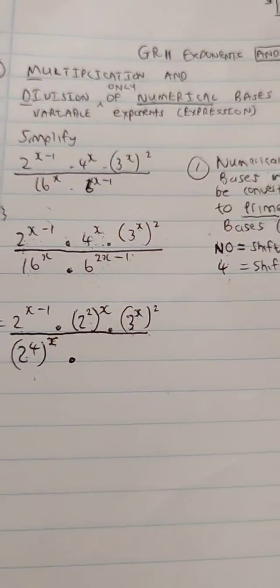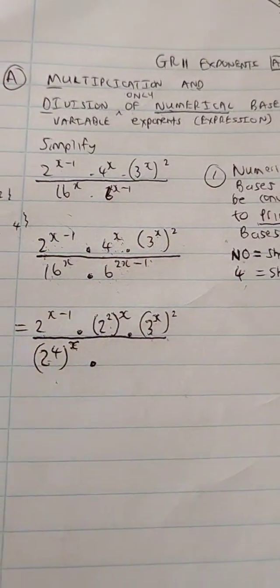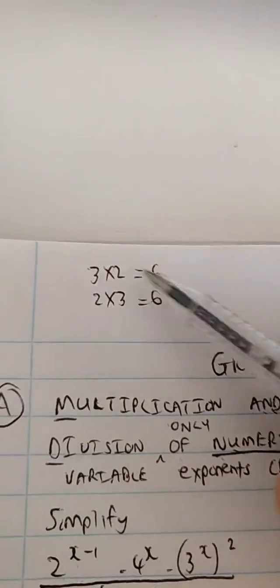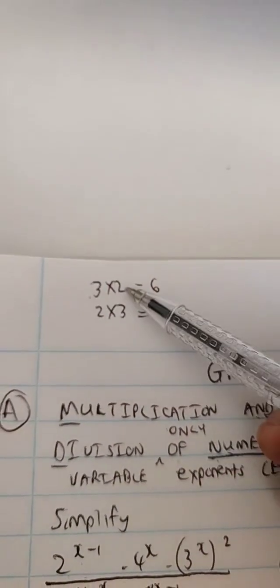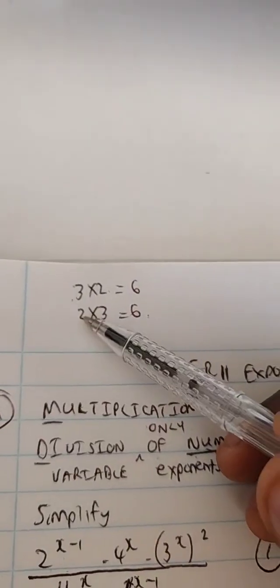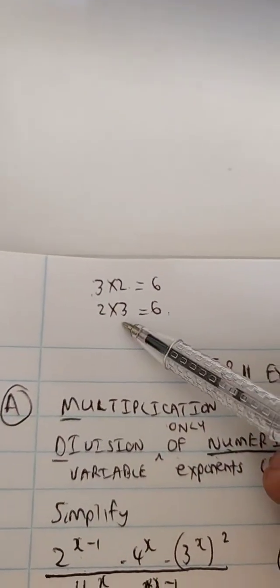Doesn't matter, guys, if we say 2 times 3 or 3 times 2, because remember, whether you say 3 times 2 or 2 times 3, both of these give us 6. 3 is a prime number, 2 is a prime number. So multiplication is commutative. The order in which you place the numbers doesn't matter.